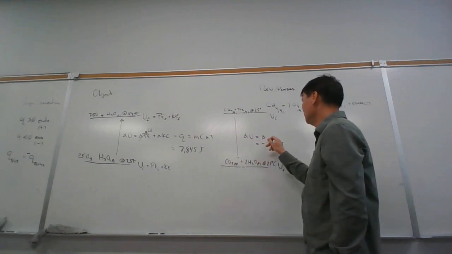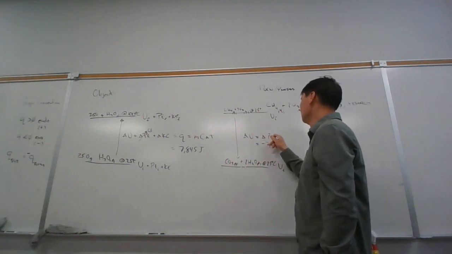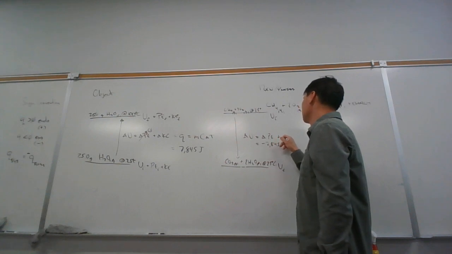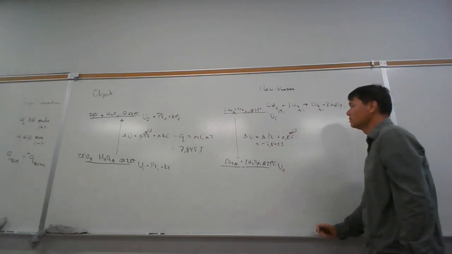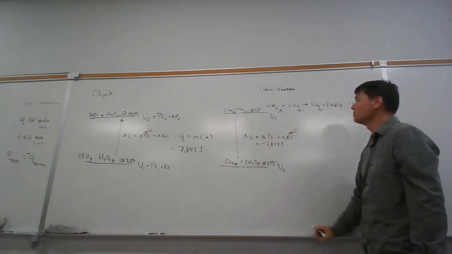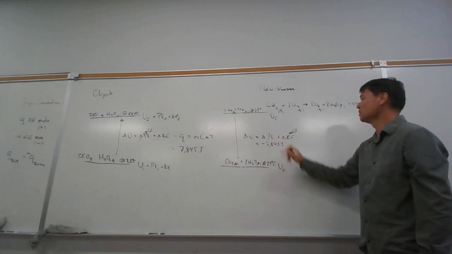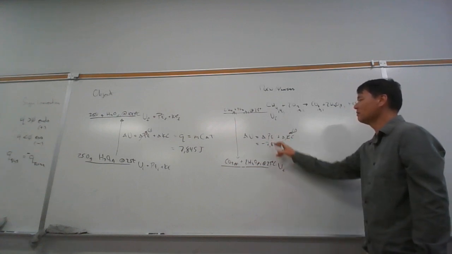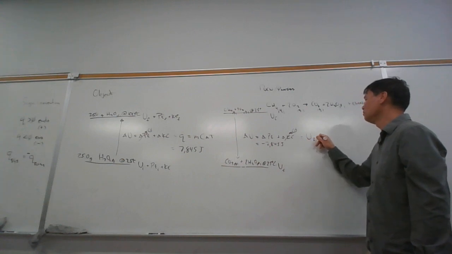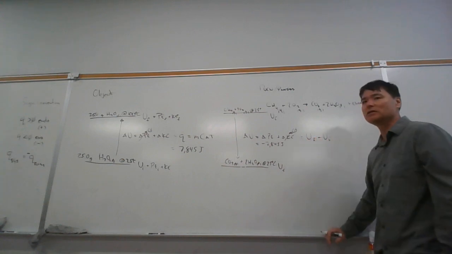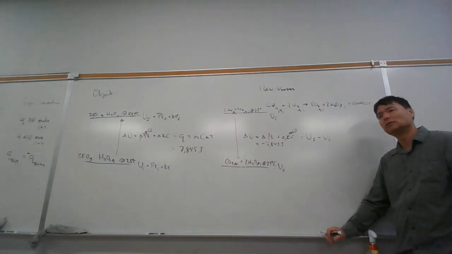And so the delta U is going to equal the delta in the potential energy plus the delta in kinetic energy. The delta in kinetic energy, fortunately, is 0, since starting and ending at the same temperature. But the delta in potential energy, that's what we're after. So how can I figure out the delta in potential energy? One way we could figure it out is we could take U final minus U initial, but this is never done. Why? It's inaccurate.